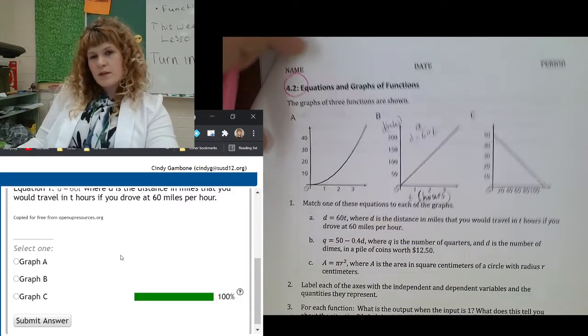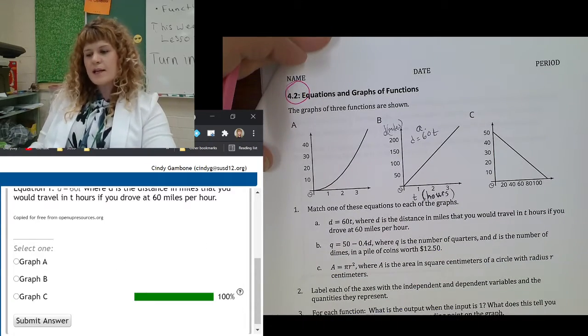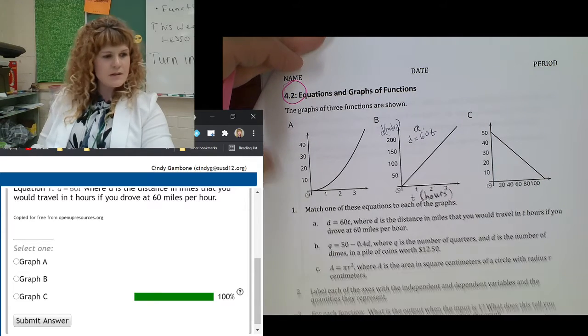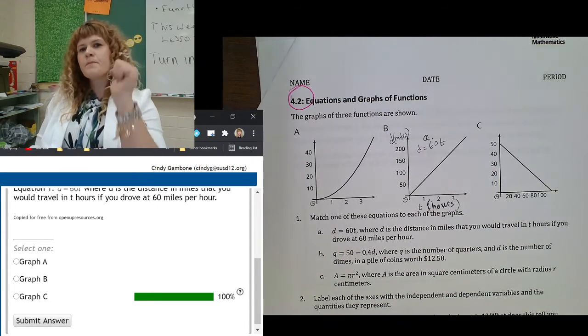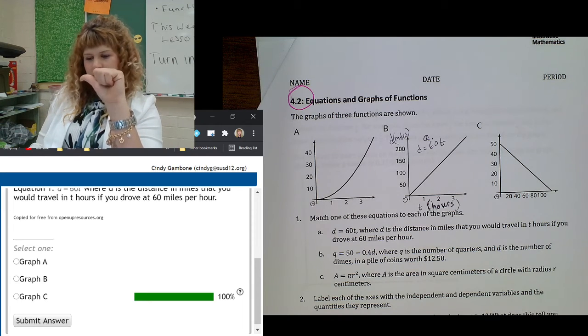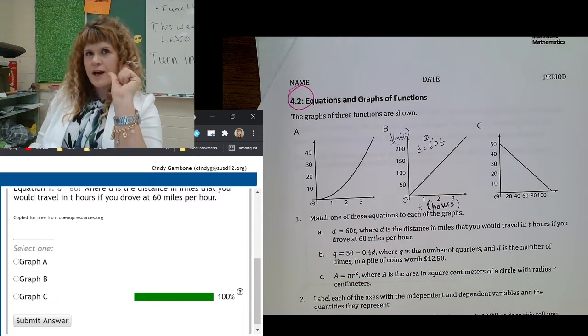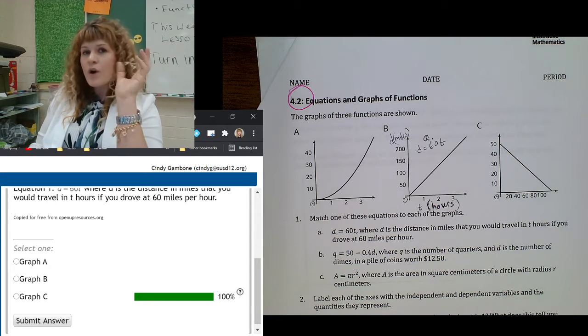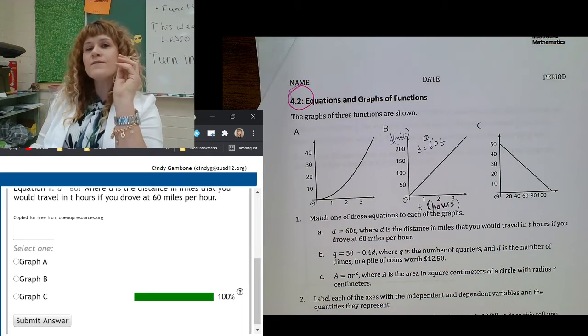Remember that we took notes and I taught you that you can represent functions with either a description, which is a sentence or a statement, an input-output diagram, an equation, a table, and graphs. So in lesson 4, we're going to learn how functions are graphed.